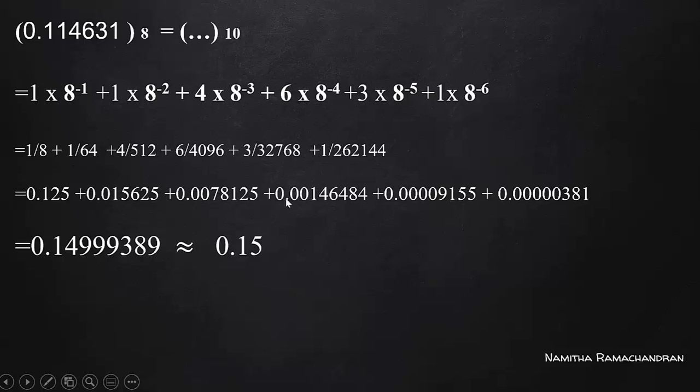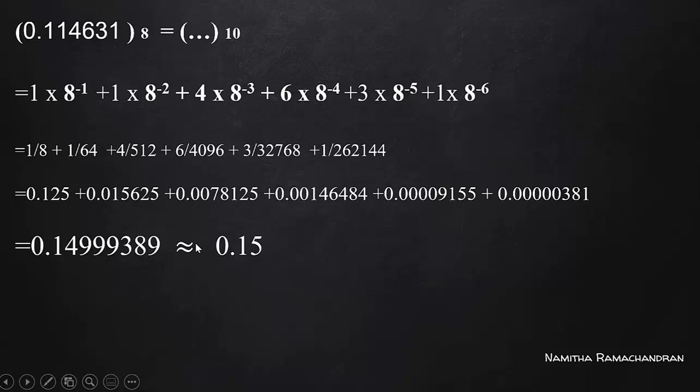After division we get the fractional values like this, and while adding these values together we get the result 0.14999389, which is very close to the value 0.15 in decimal.